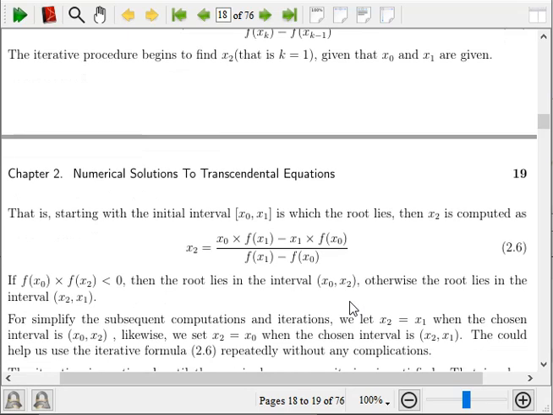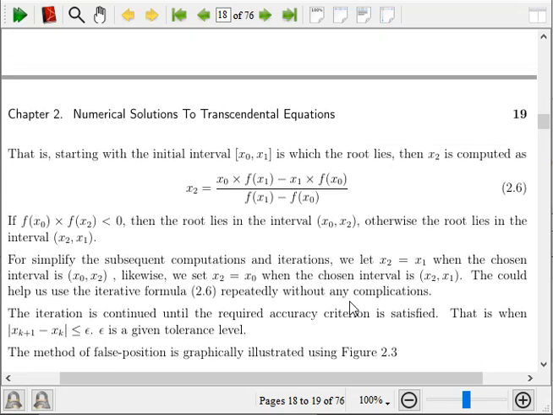This is simplified here: given this interval, the next root is computed as x0 times the functional value of x1, minus x1 times the functional value of x0, over the functional value of x1 minus the functional value of x0.